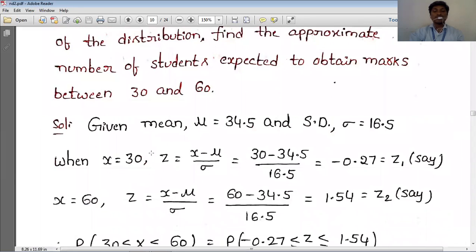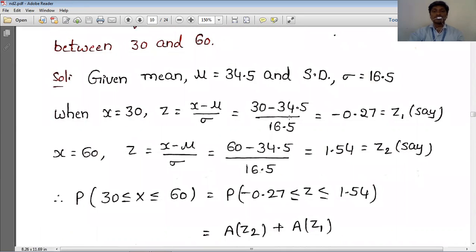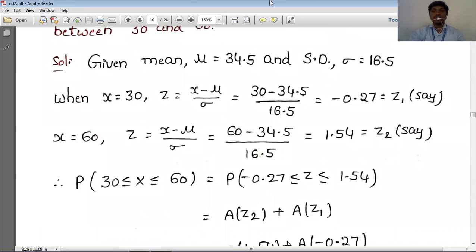Given mean mu is equal to, first, what they mentioned in the problem, 34.5, and standard deviation sigma is equal to 16.5. Now we are calculating when x is equal to 30. So 30 minus 34.5 by 16.5. After simplifying this value, how much did we get? Minus 0.27, and we assume that is Z1.